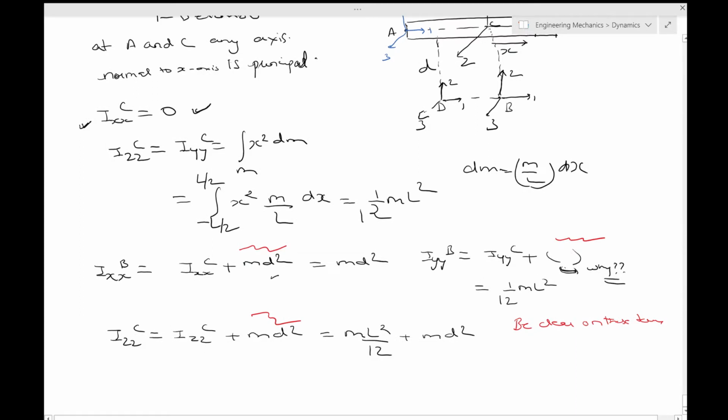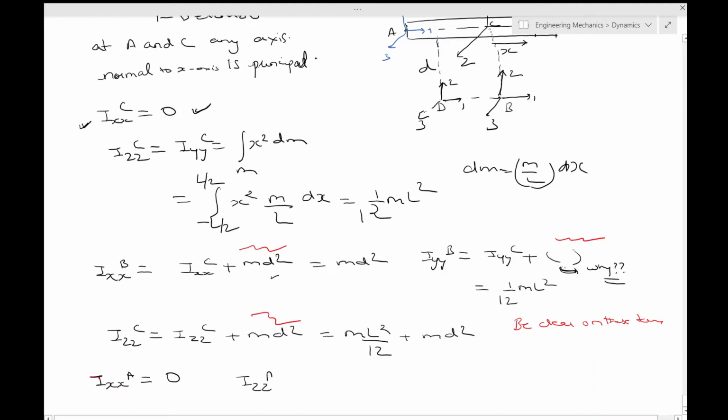Similarly, you can write Ixx about point A. Okay, A is at the corner of it. You can see that over there. So Ixx at A is equal to 0.